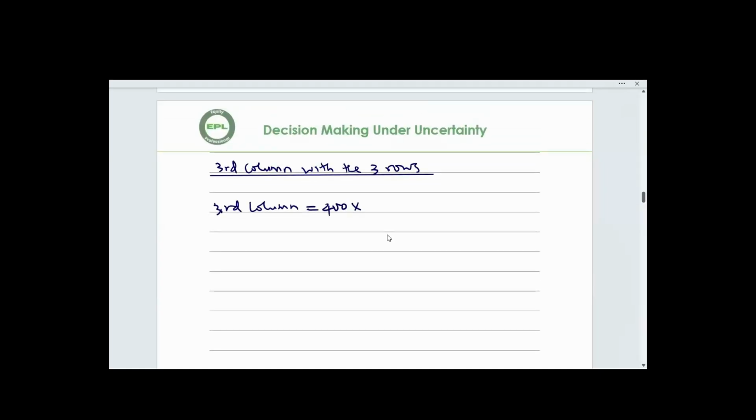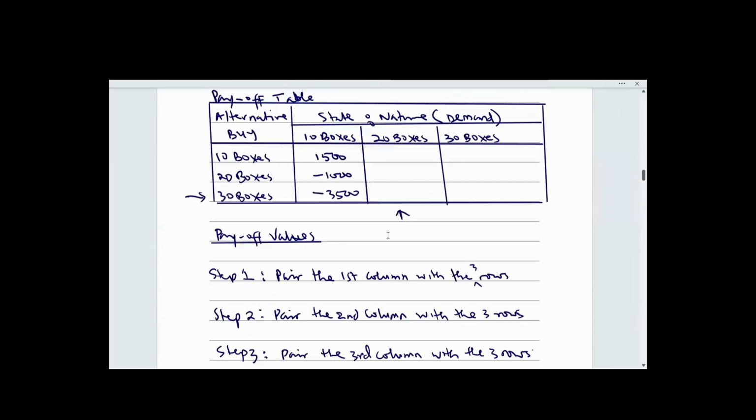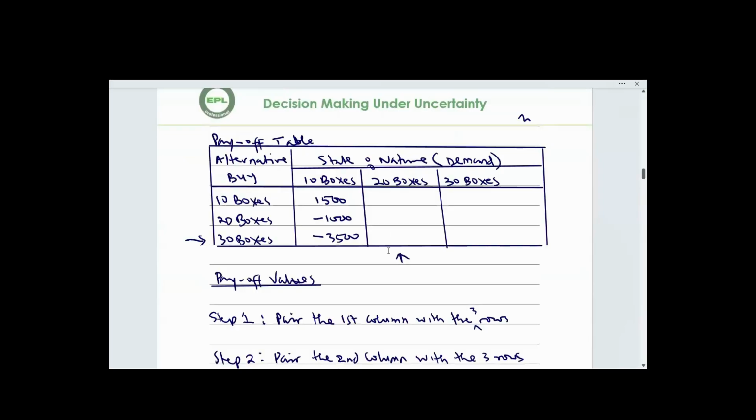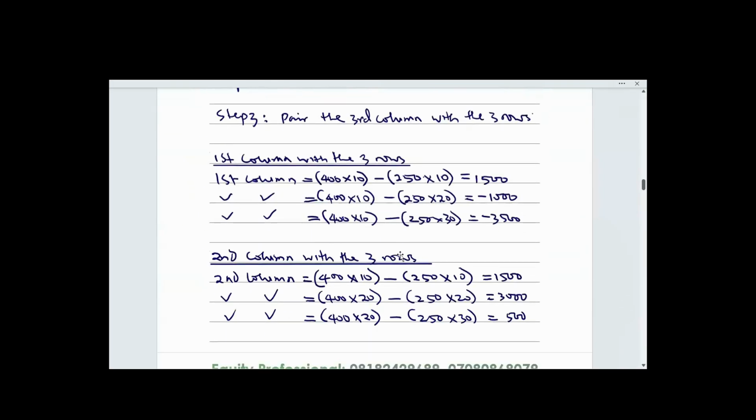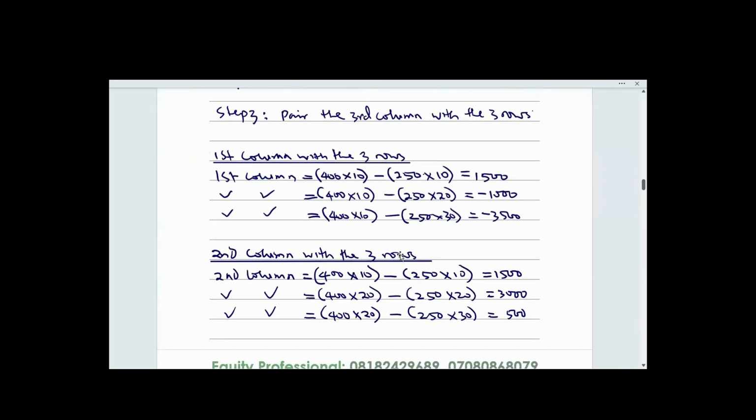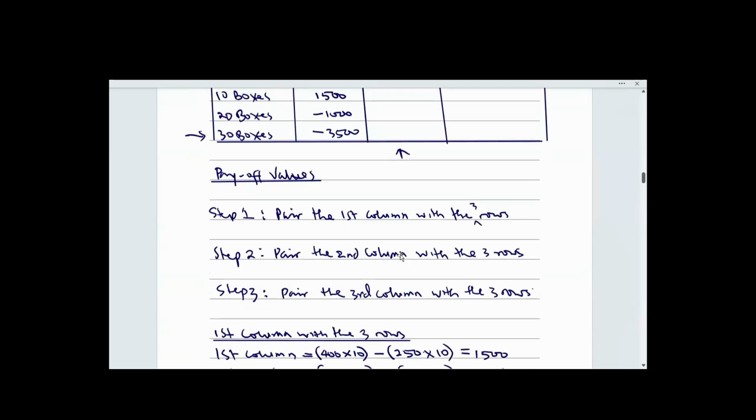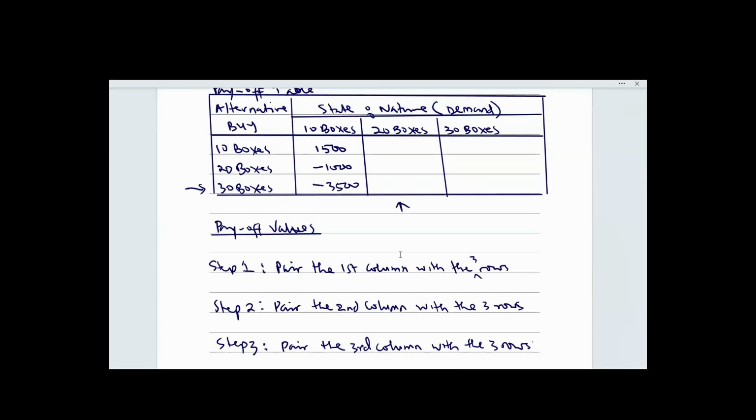Multiply by, let's go back to the table. Now, before that, let's put in the numbers that we have gotten. 3,500. Here is 3,000, then 500.